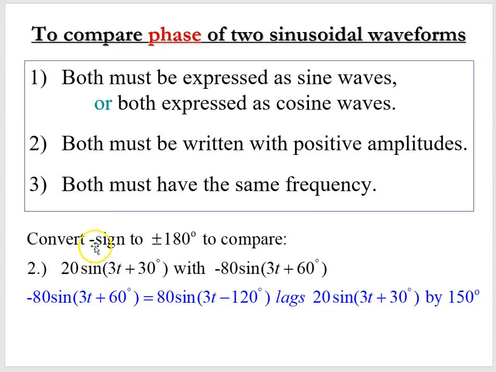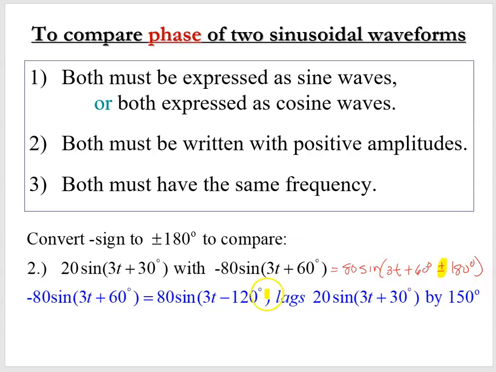If we looked at the second one where we have this negative, we want to convert that. We can say this is equal to 8 sine of 3t plus 60 degrees, and then we have to do the plus or minus 180 degrees. So which do we choose, the plus or the minus?